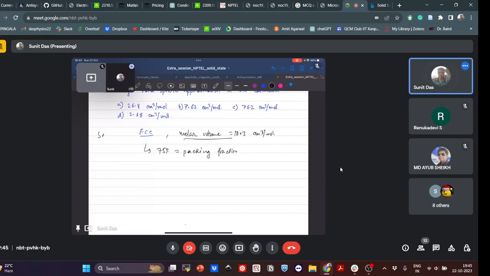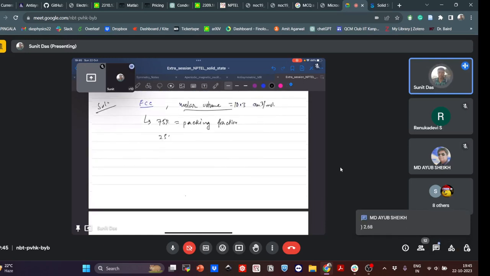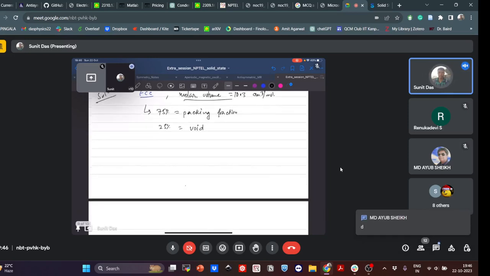Packing fraction. So the remaining 25% is the void. Almost 75%.